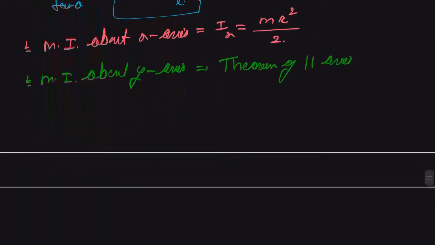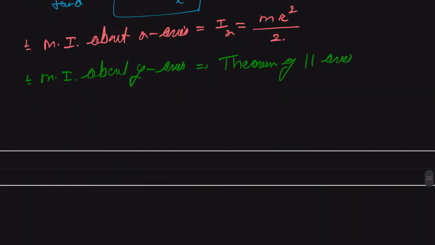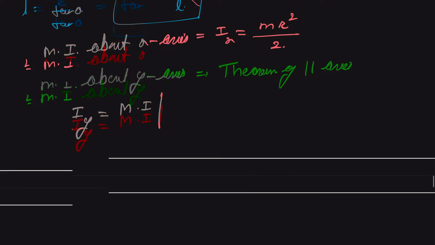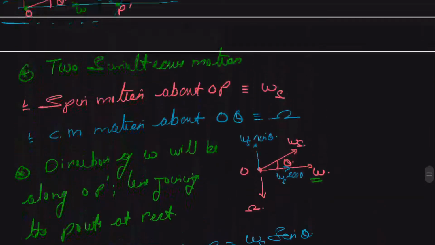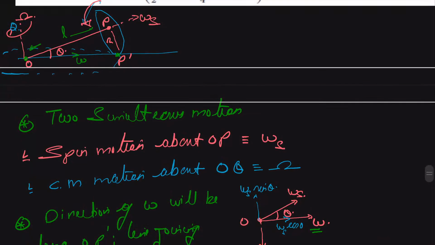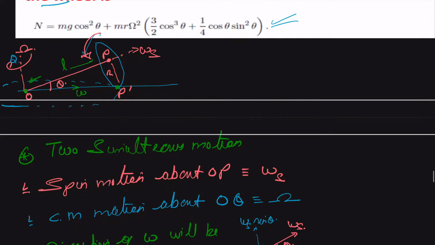Therefore, we can say that our moment of inertia about the y-axis, I of y, will be equal to the moment of inertia about the diameter. Let me call this point q.